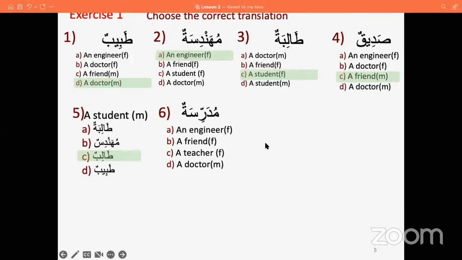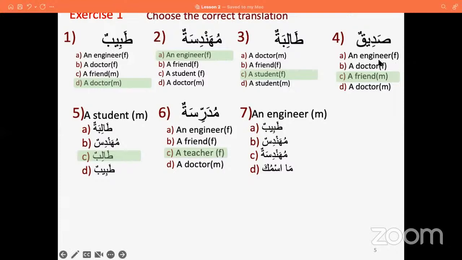Excellent, unanimous over there. That is C, a female teacher. How about the word a male engineer? Excellent over there. Unanimous. Muhandisun, that is correct.